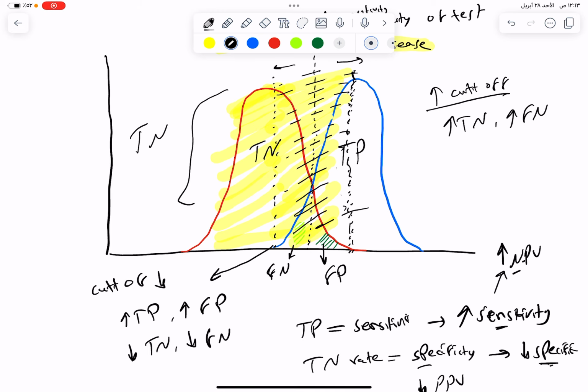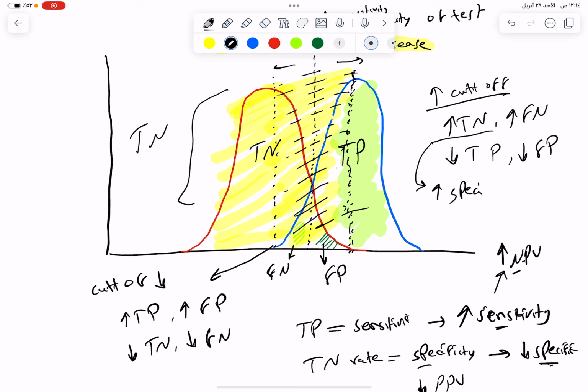On the opposite of when we lower the cutoff, this little area for the false positive will decrease. This leads to decreased true positive, and decreased false positive, on the opposite, as we said. Since the true negative is equal to the specificity, this will increase the specificity and also increase the positive predictive value.